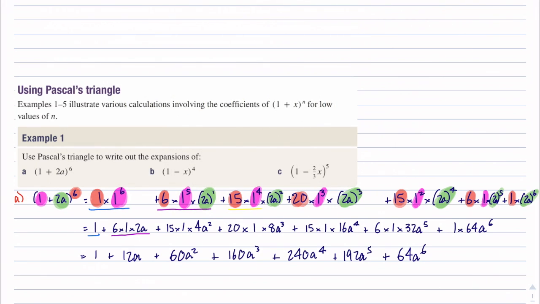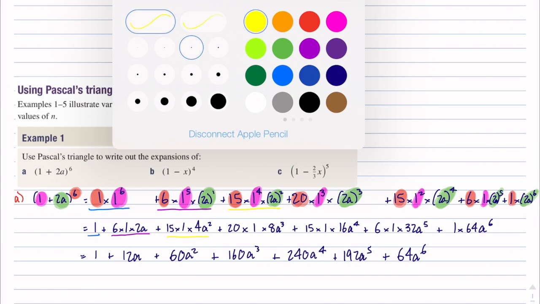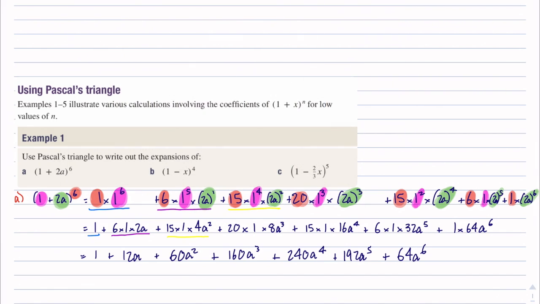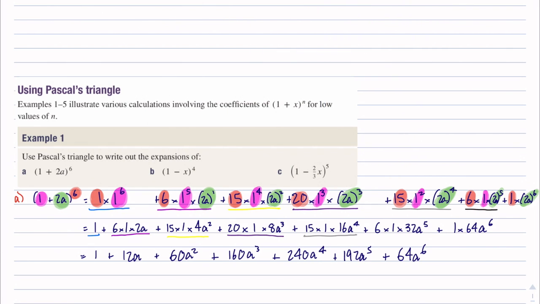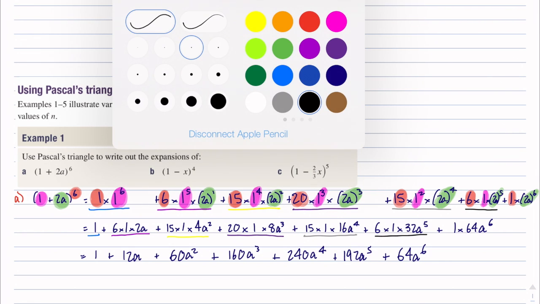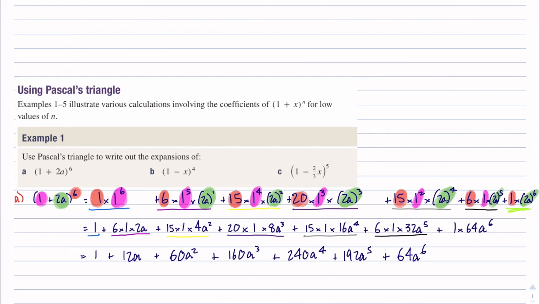This 15 times 1 times 2a squared here. 20 times 1 to the 3 times 2a cubed is that one. This 15 times 1 squared times 2a to the 4 is that one. This 6 times that one is that one. This one is this one. And then if you do have like terms, you'll put them together, but we didn't.